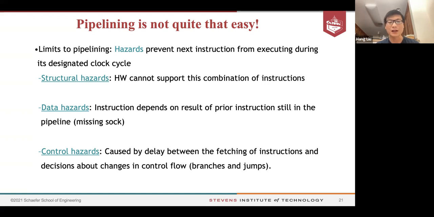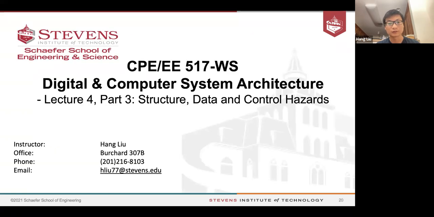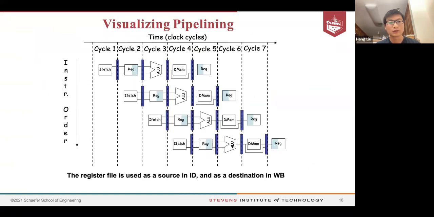Then your question might be, what if instruction 2 depends on the output of instruction 1 to execute? It seems like you need to wait until instruction 1 is finished in order to dispatch instruction 2, right?